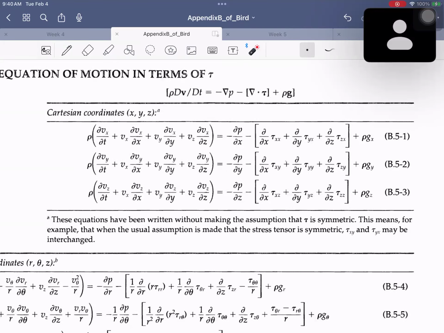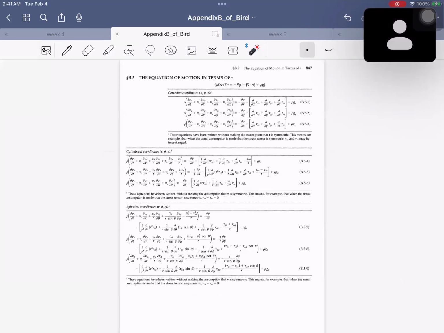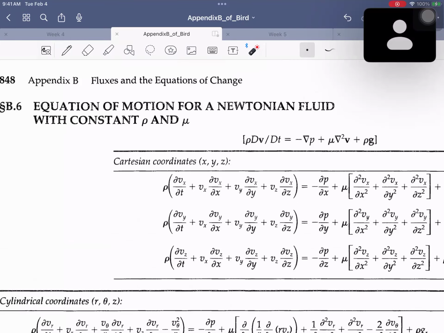And you can see here that, for example, in Cartesian, the right-hand side term will be in the form of shear stress, right? But if you can make an assumption that the fluid is incompressible and Newtonian, that means you can instead use the equations in B6, which is the Navier-Stokes equation, all right? So B6 is the equation of motion for Newtonian fluid with constant rho and mu.